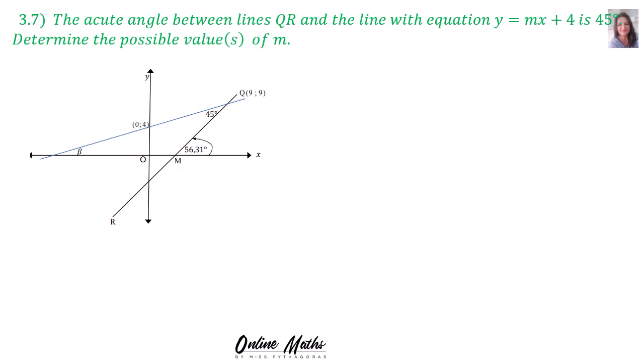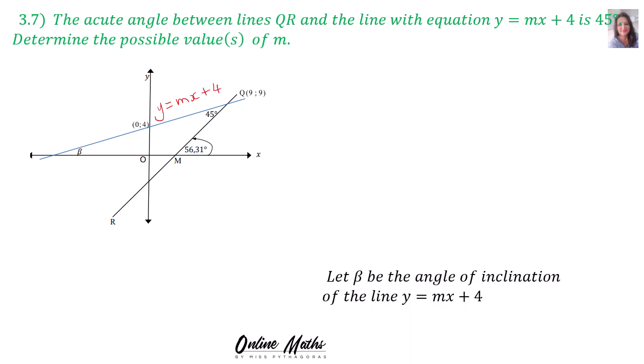Okay, let's see. There's the question again. The acute angle between lines QR and the line with the equation y = mx + 4 is 45 degrees. Determine the possible values of m. First, the first scenario, my blue line, y = mx + 4.